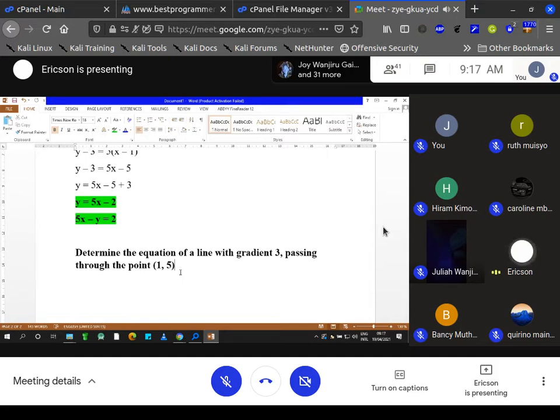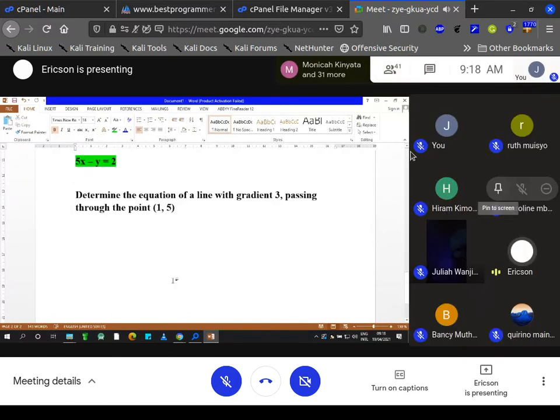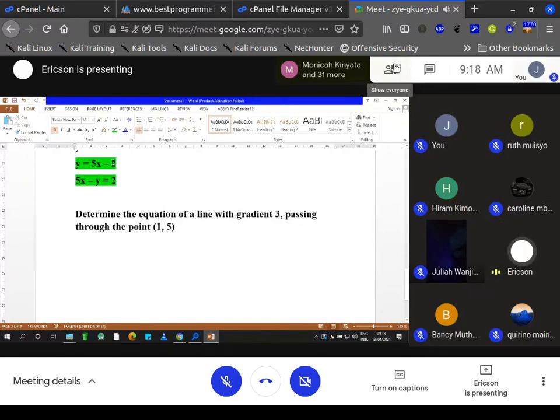linear equations. Basic linear equation. We have been looking at linear equations, but let's use the formula y equal to mx plus c. Basically, what I'm trying to say here is we can express a linear equation in the form of y equal to mx plus c, and that is what we have here.